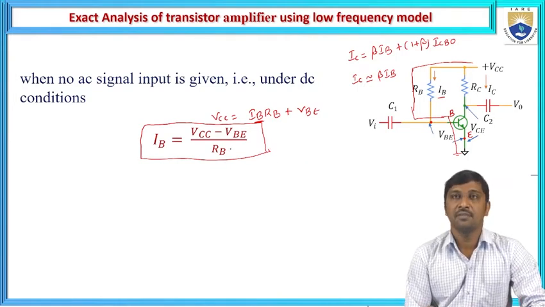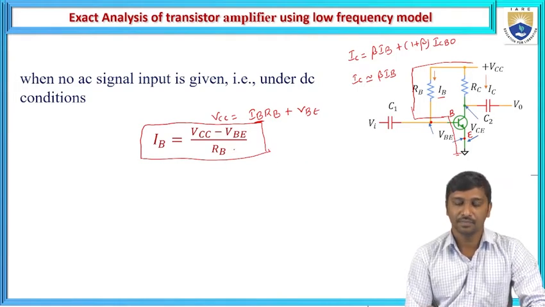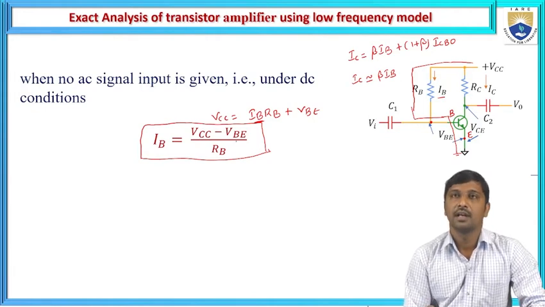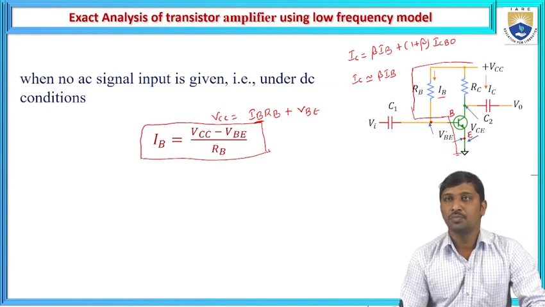From this mathematical representation, VCC is the biasing source, VBE is the potential difference between the base and emitter terminals, and RB acts as the base resistance. If you observe this configuration, the emitter base junction is forward biased.